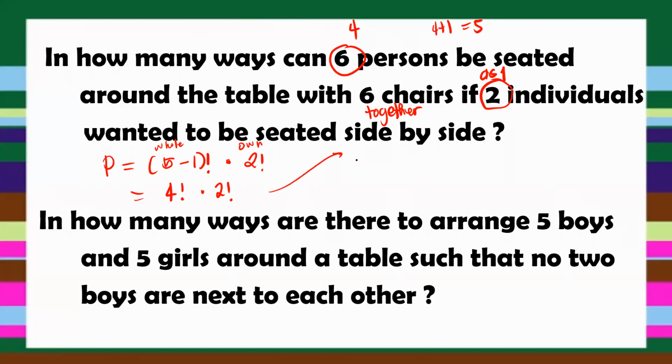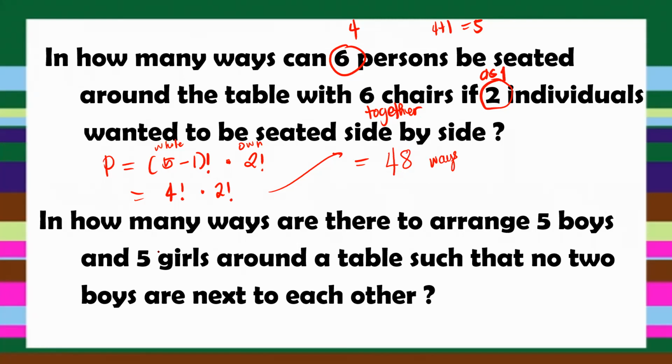And this will give us an answer. 24 times 2 is 48. Okay, so there are 48 ways for you to arrange them or for them to sit in a round table.